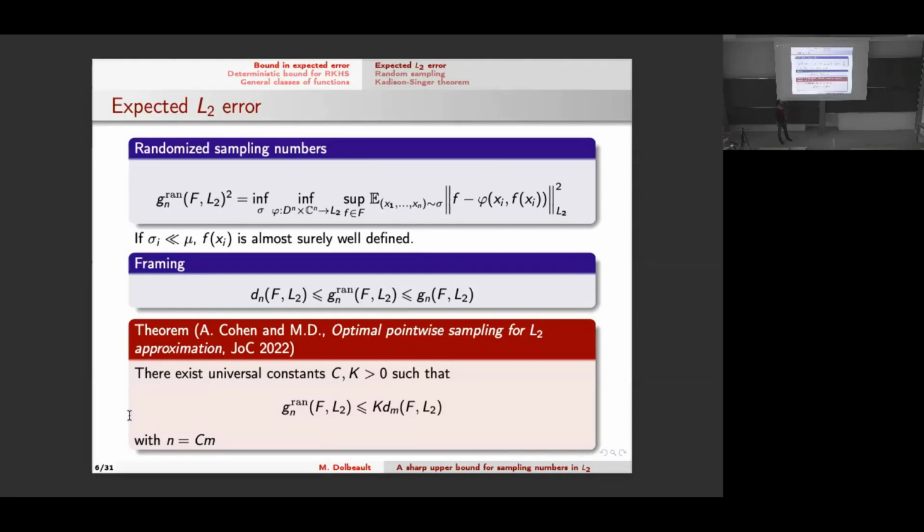And we have precisely a theorem saying that up to a constant, both are the same. So with n a bit larger than m, but just up to a constant, we get a comparison between the randomized sampling numbers and the Kolmogorov widths. F here is the class of functions, and what's funny, in fact, is that it could be any class of functions in L2.